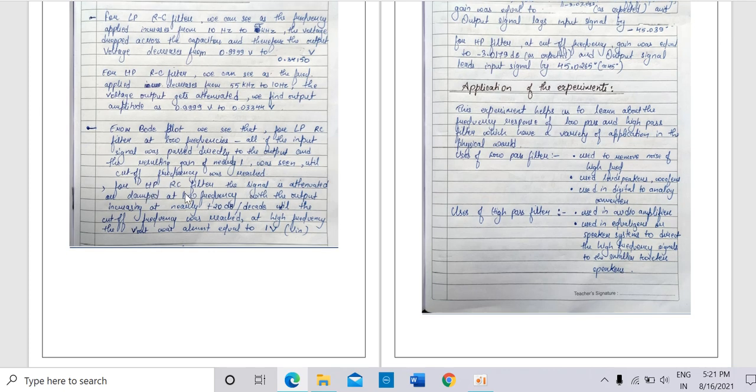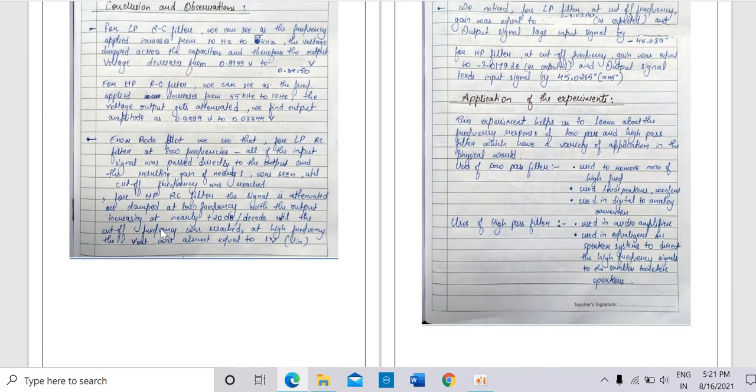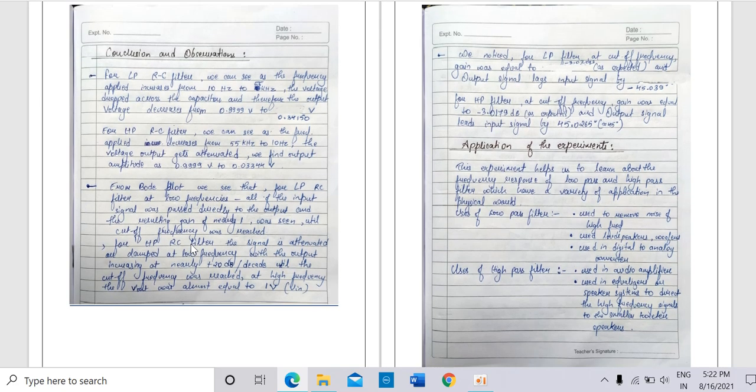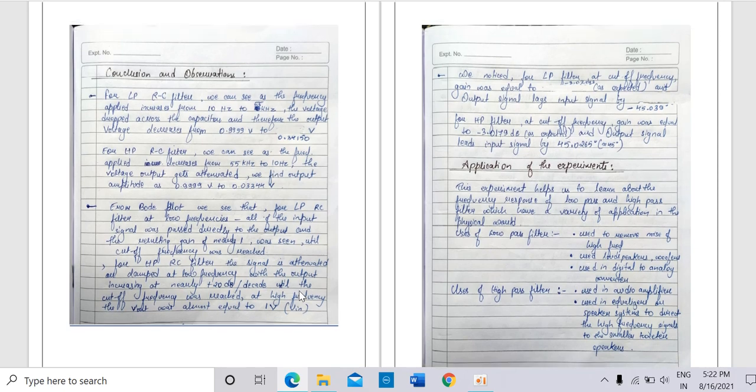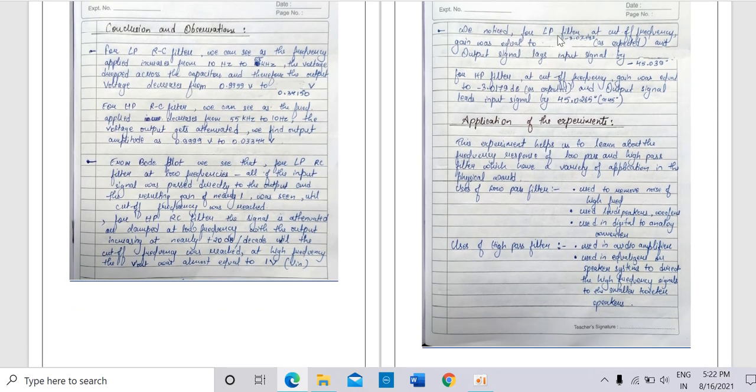And for the high pass RC filter, the signal is attenuated or damped at low frequency, with the output increasing at nearly 20 dB per decade until the cutoff frequency was reached. At high frequency, the voltage output was almost equal to 1 volt. Here I have written about the phase angle.